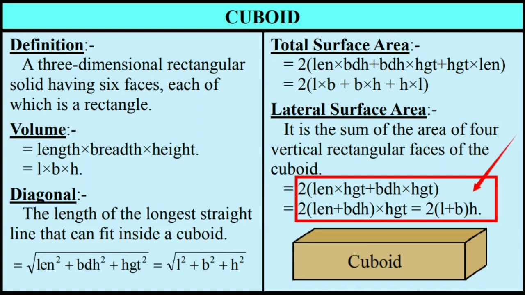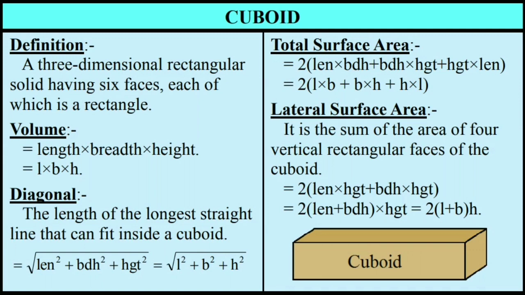Hence, the surface area of the cuboid, except floor area and ceiling area, is given here in the form of a mathematical expression, and that is 2 multiplied by length into height plus breadth into height.